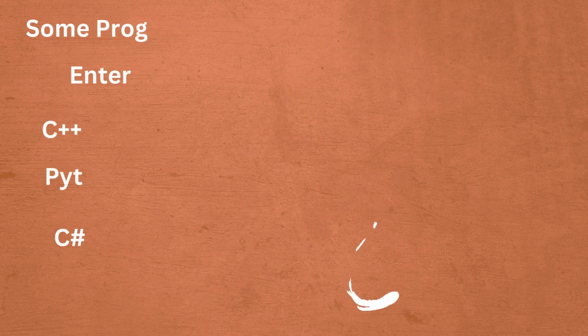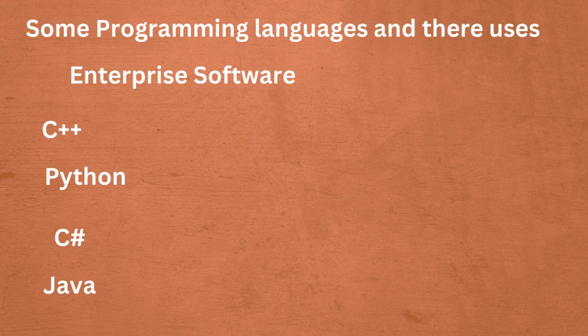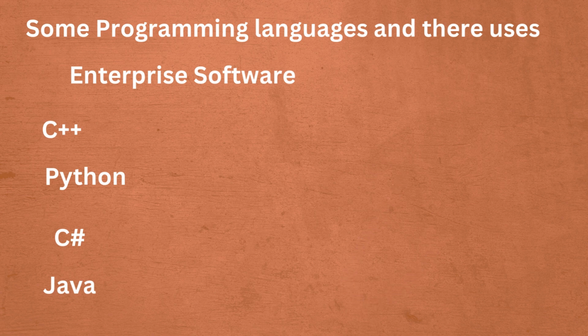Now, enterprise software. Enterprise software is software we use for making larger software, or for making complex software like the Windows 7, Windows 8 operating system.